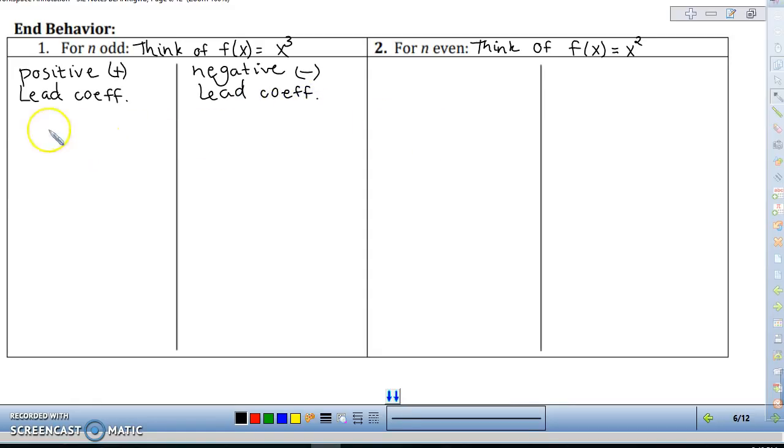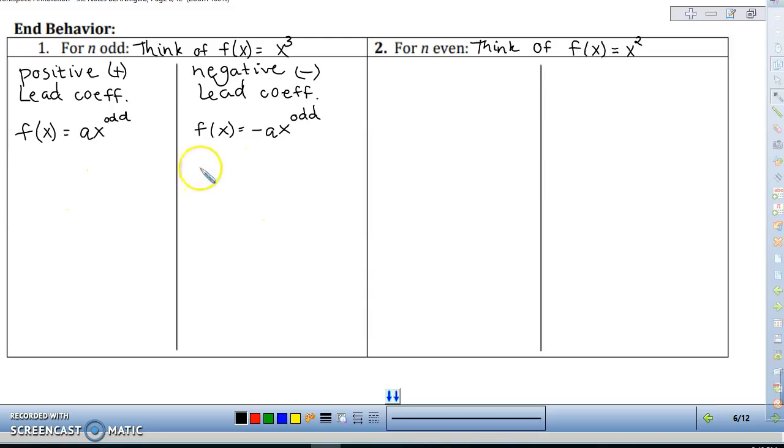And notation-wise, we are talking about A being positive, and then our power being odd, versus something like this: f of x equals negative A times x to some odd power. And remember, when I'm writing this, there are other terms associated with this function, we're only talking about the lead coefficient in that very first term.